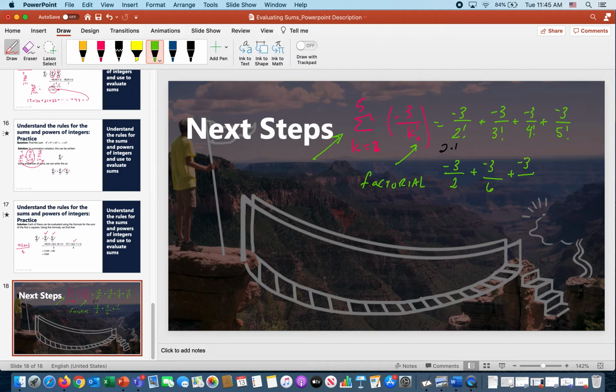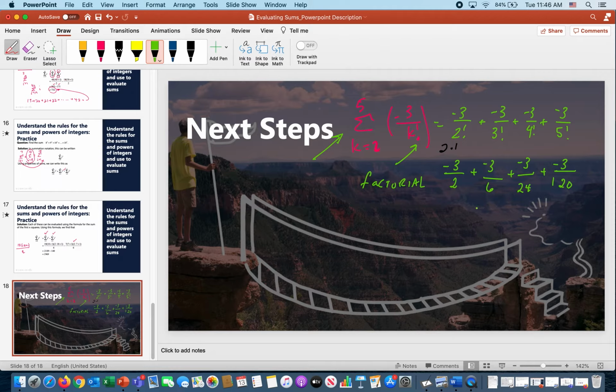Well, 4 times 3 times 2 times 1 is just going to be 4 times 3 factorial, right? I already know that 3 factorial is 6, and if I multiply that by 4, I get 24. And then I'm going to throw in -3 over 5 times 24. That's 120, okay?